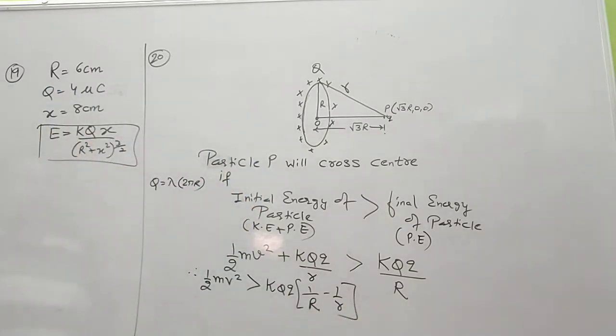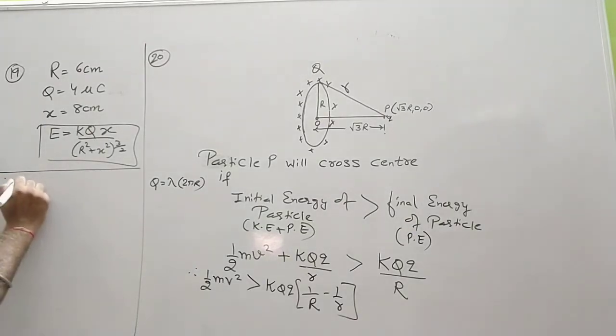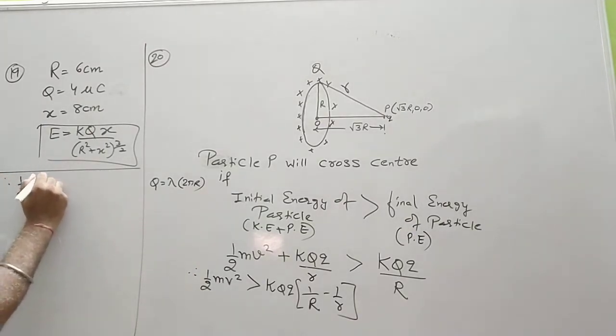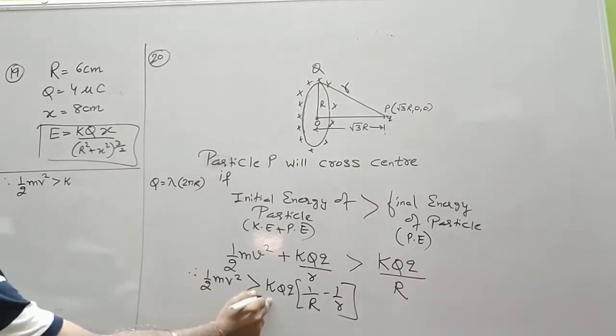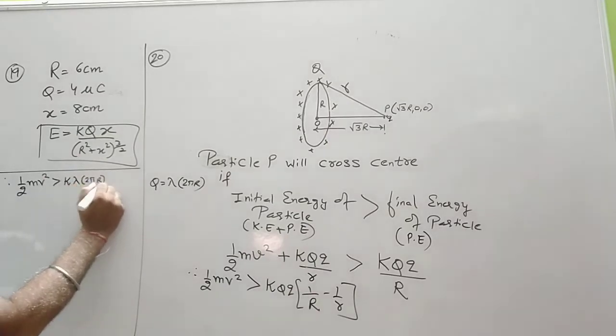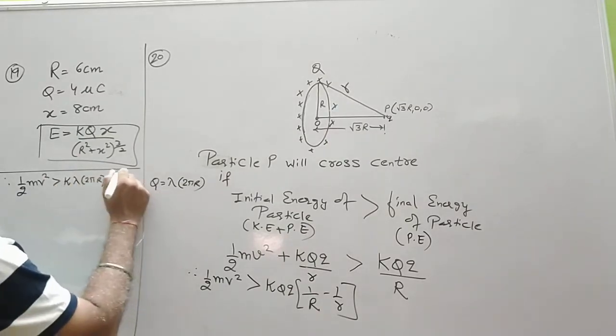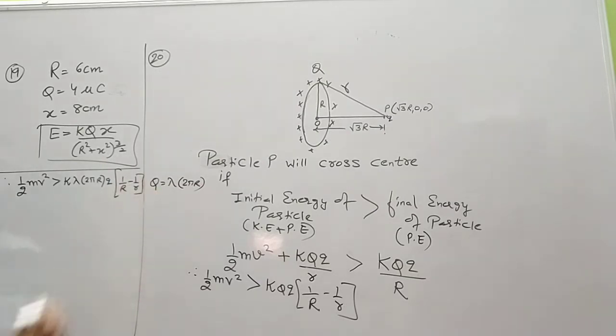So now the mathematical calculations are involved. Therefore, half mv square is greater than k, in the place of capital Q, lambda 2 pi r, small q, within bracket 1 by R minus 1 by small r.